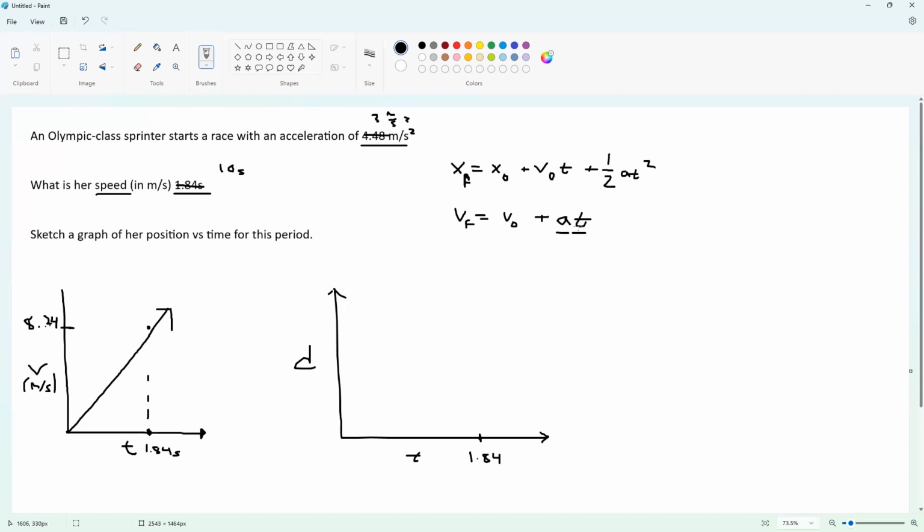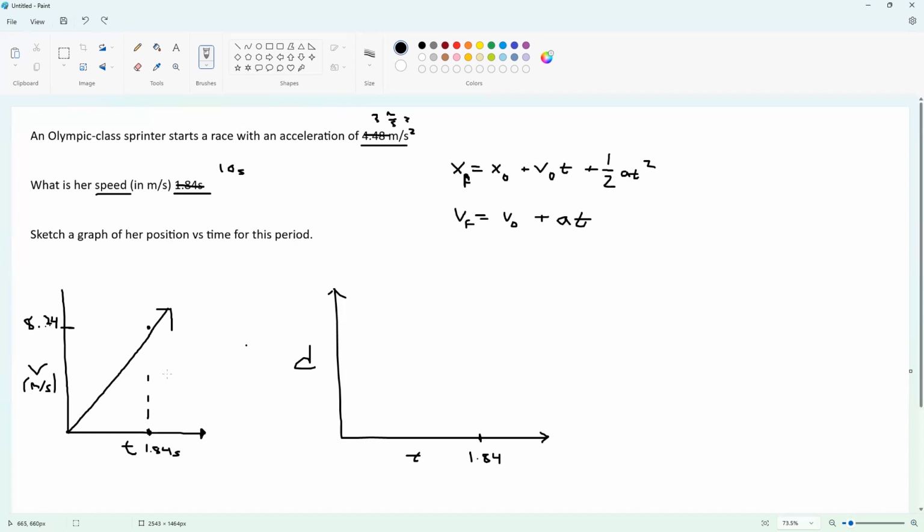Would it not be v naught, which is our initial velocity, the y-intercept? Oh, the slope is velocity, right? No, it's not velocity.